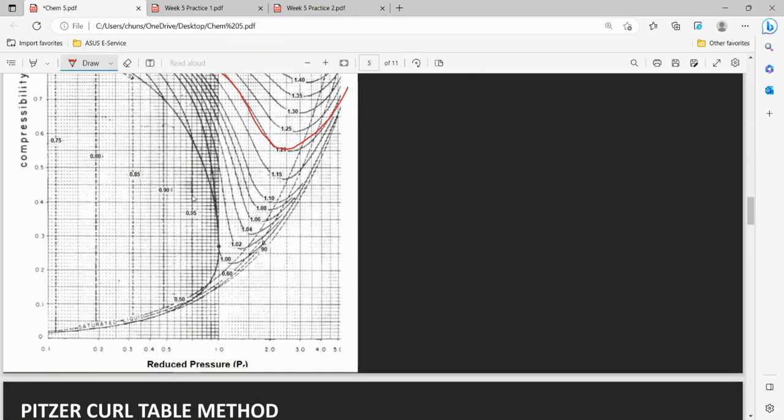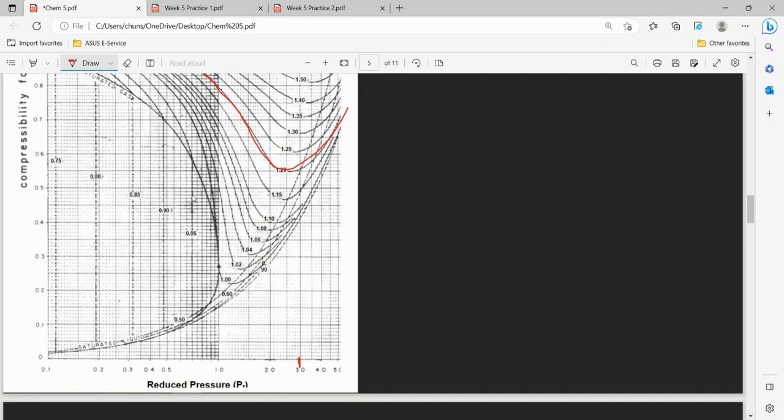And let's say we had a reduced pressure of 3.0. To find our compressibility factor, we're going to read from our x-axis, line up vertically until we hit our reduced temperature curve, and then when we read across, this will give us our compressibility factor. We can say that's about 0.57, for example, right?